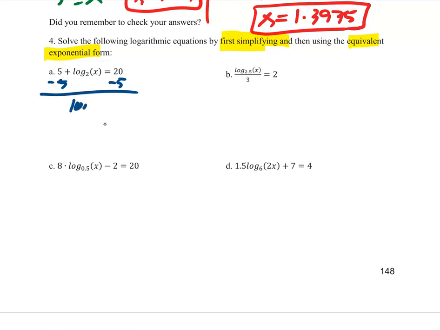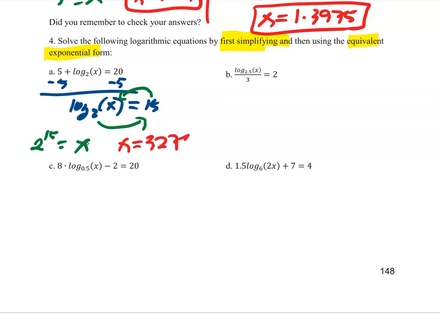So log base 2 of x is equal to 20 minus 5, which is 15. And then let's use the arrows. 2 to the power of 15 is equal to x. 2 to the power of 15, that is 32,768.